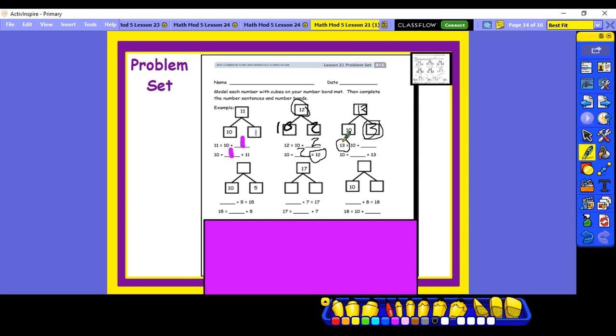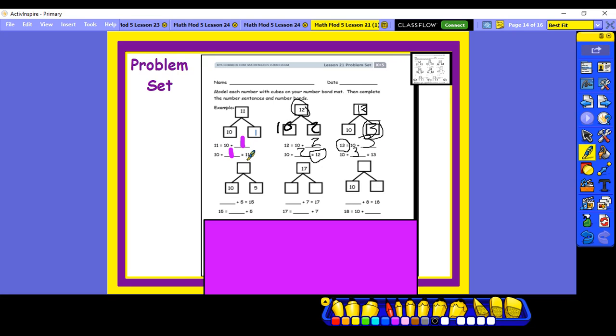Let's look at our number sentence. 13 equals 10 plus 3. Great job, Cardinals. Now let's look at it the other way. 10 plus blank equals 13. What is our missing amount? 3. Good job.